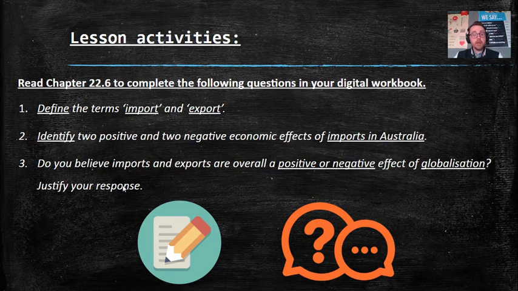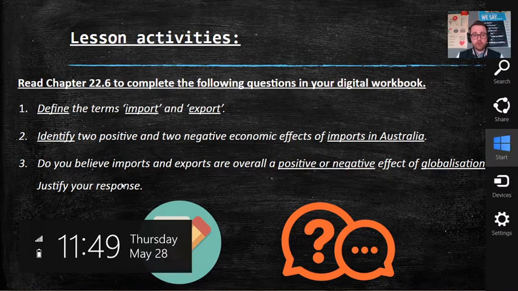Question 3. This one's more of an opinion piece. I just want you guys to give me your opinion and then tell me why you feel that way. So no wrong answers as long as you explain your answer. Do you believe imports and exports are overall a positive or a negative effect of globalization? Justify your response.